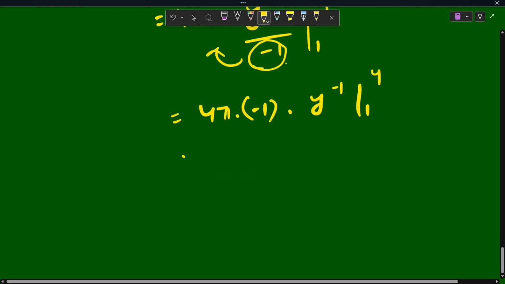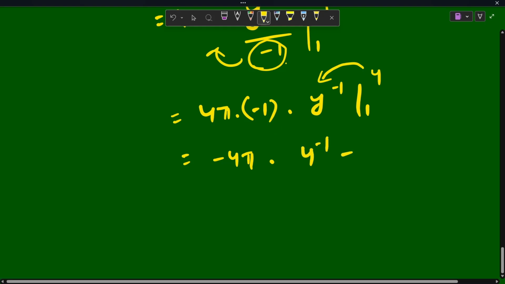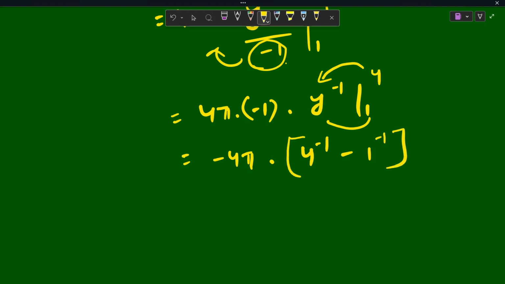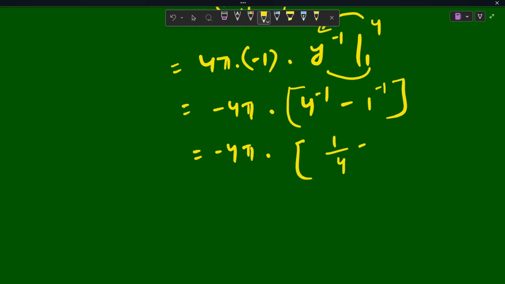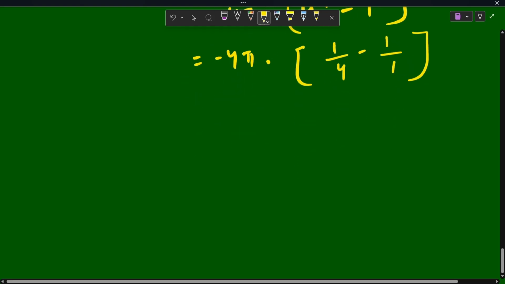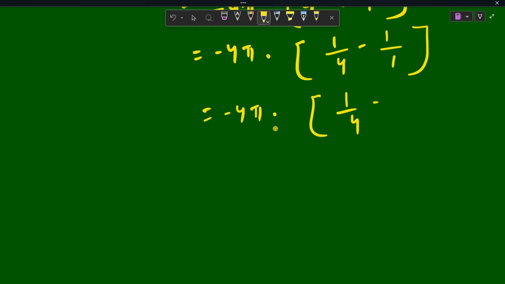So this value is minus 4 pi into, now I can use the upper limit and lower limit. First take the upper limit, it is 4 inverse, then minus the lower limit, 1 inverse. Then what is this value? It is minus 4 pi, then 4 inverse is 1 by 4, and 1 inverse is 1 by 1, so this is 1 by 4 minus 1.